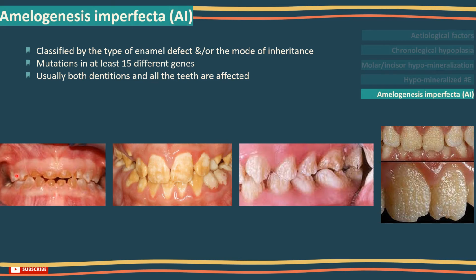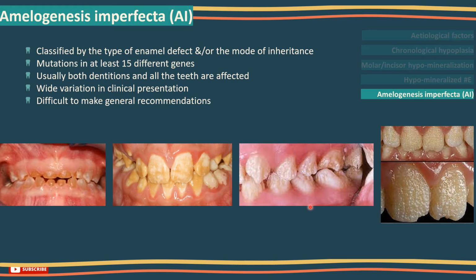The different subgroups give rise to a wide variation in clinical presentation, ranging from discoloration to soft or deficient enamel. It is therefore difficult to make general recommendations, but it is wise to seek specialist advice. Treatment includes stainless steel crowns and composite resins to maintain the molars prior to a more permanent restoration when the child is older.